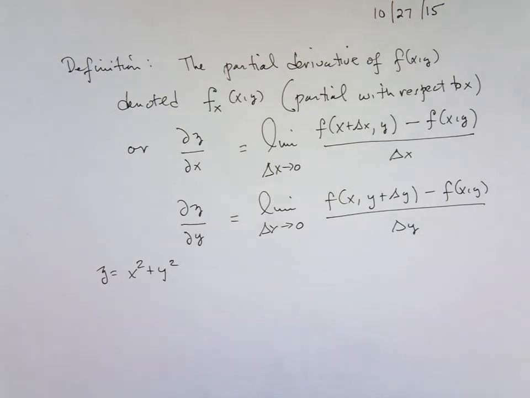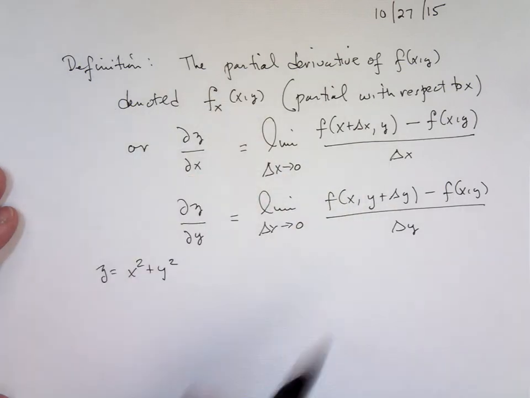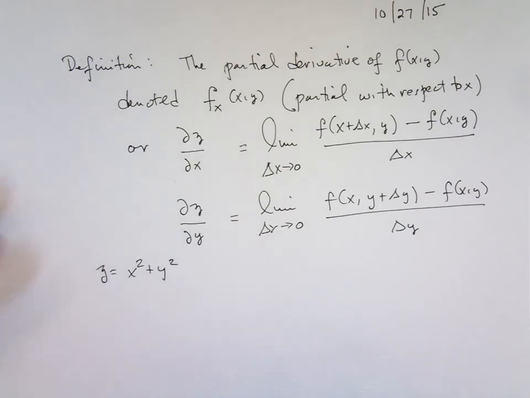That's what we're doing. But let's use the definition of this partial derivative with respect to x to find the partial derivative of this surface at that point 4, 3, 5. Everybody with me? Okay, and away.